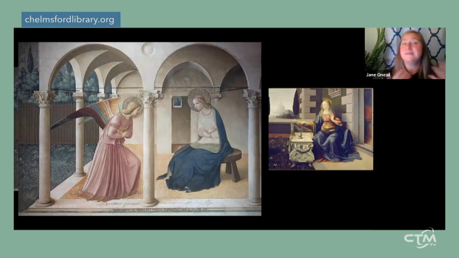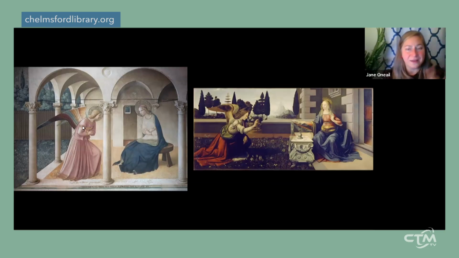That would be a symbol of her purity, the idea that her body has been closed off as well. We'll get into how Da Vinci sort of alters this sense of compression that you might feel as you look at Fra Angelico's painting. But notice the communication in Fra Angelico's painting is done solely through eye contact, really, and these mirrored poses, both of these figures seemingly hugging themselves in this moment.